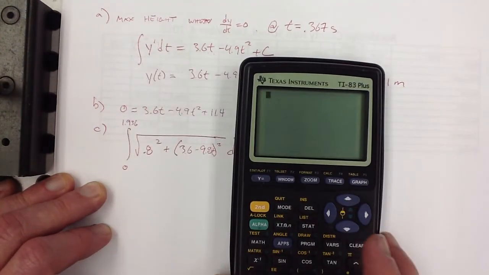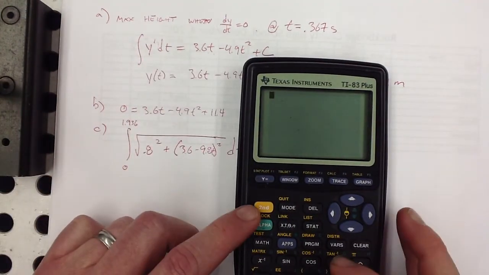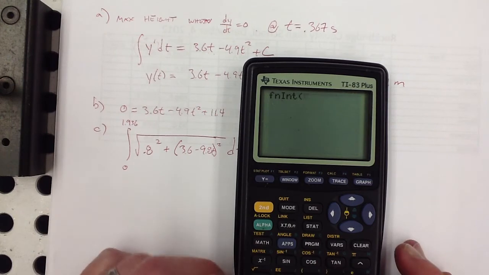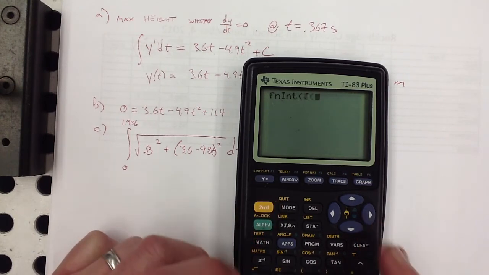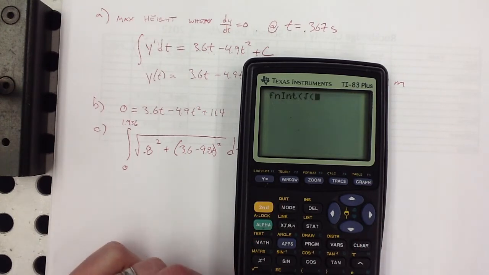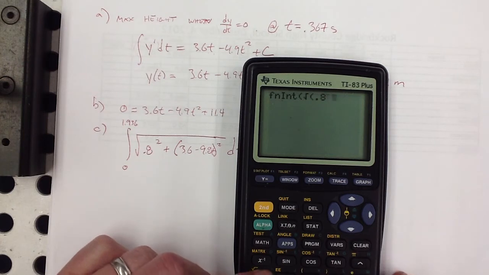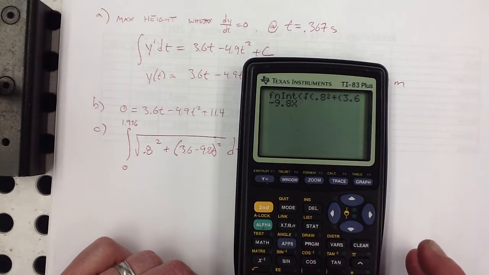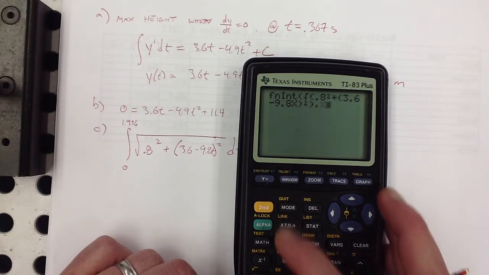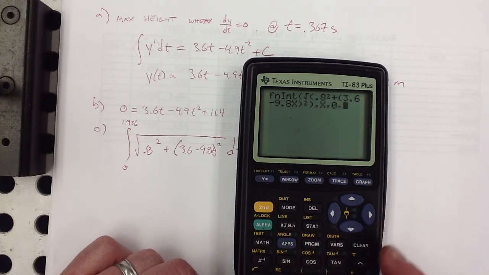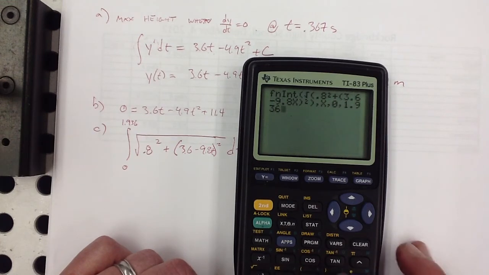You have options. You can graph things, right? But I'm going to go Math 9, fnInt of the square root of 0.8 squared plus (3.6 minus 9.8x) squared, and then close the square root sign, comma x, comma 0, comma 1.936.